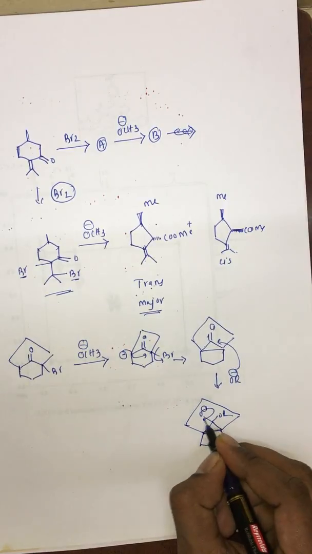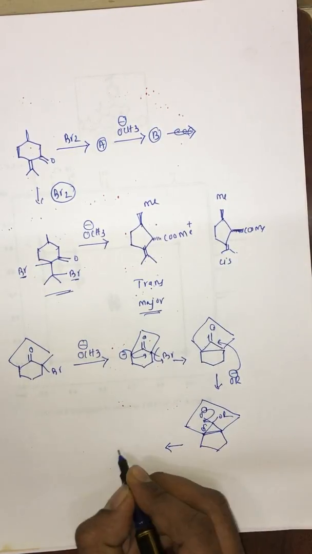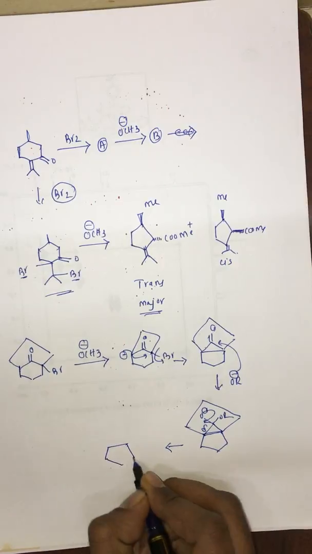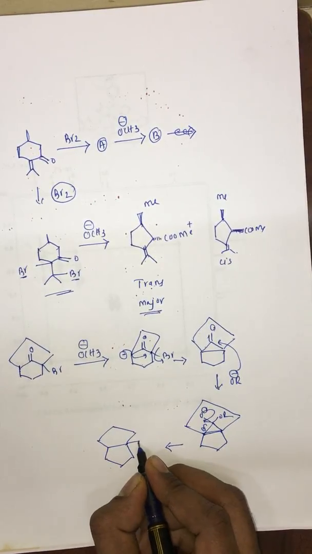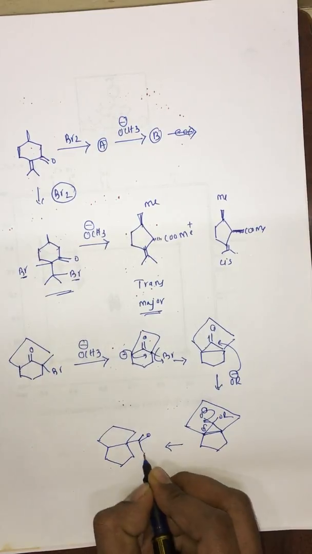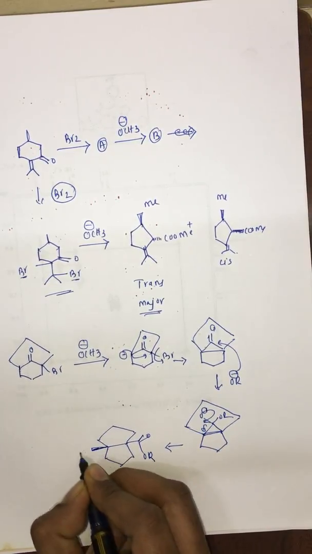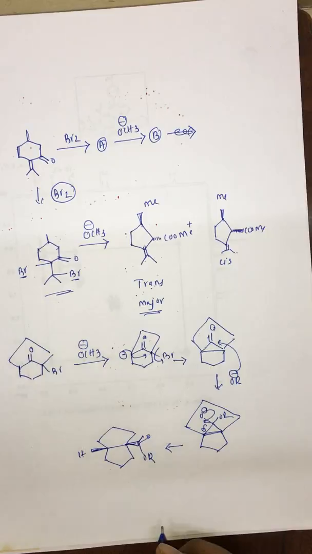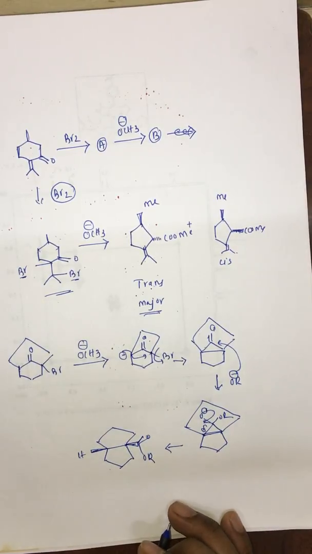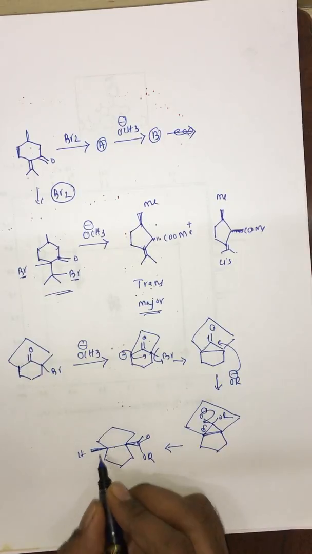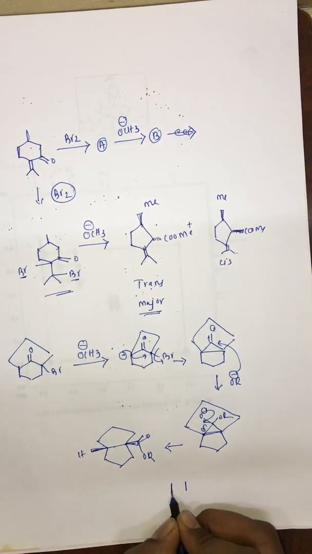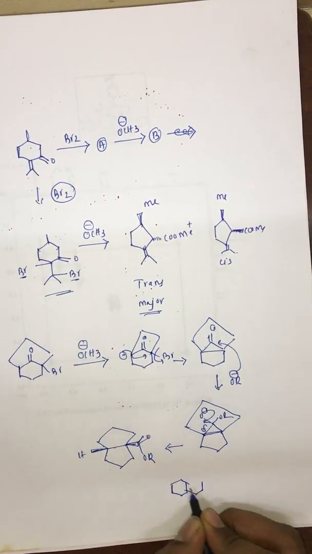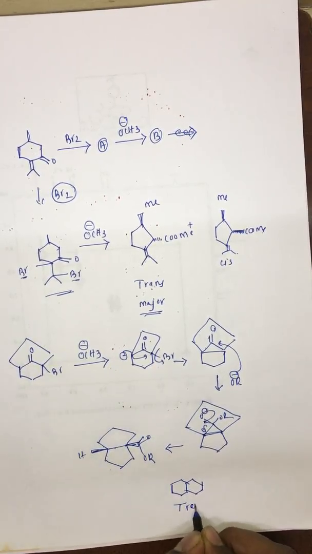Now this goes here, this comes here, and here we'll get two 5-member rings. Just remember, when two 5-member rings are fused, and when we have two 6-member rings, in that case always trans product will be major.